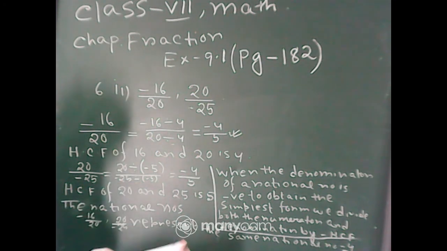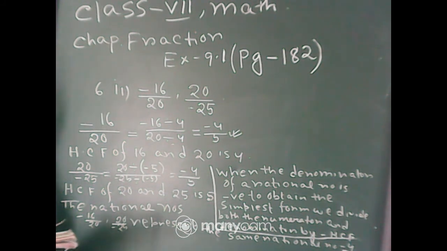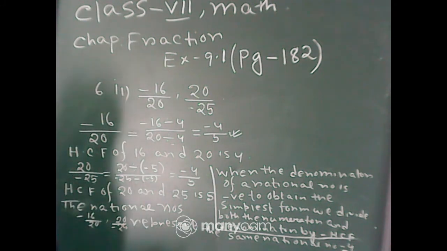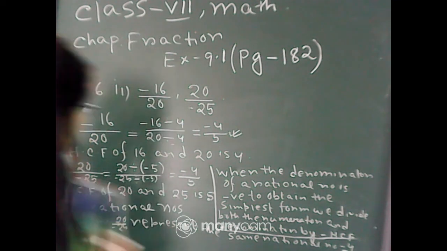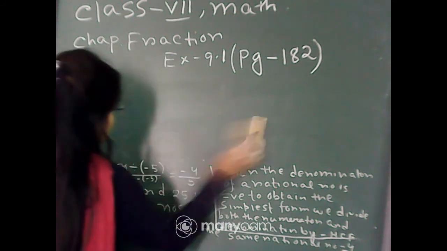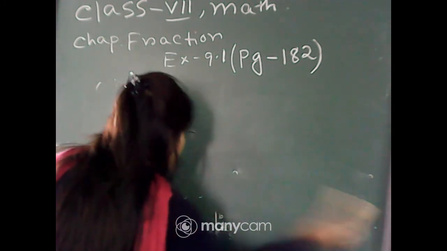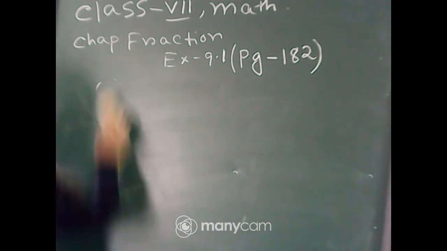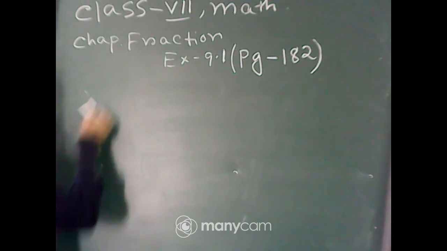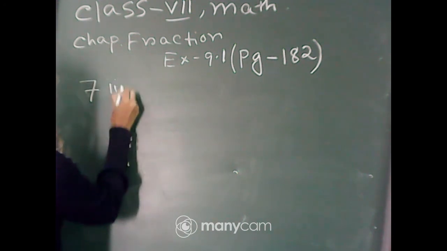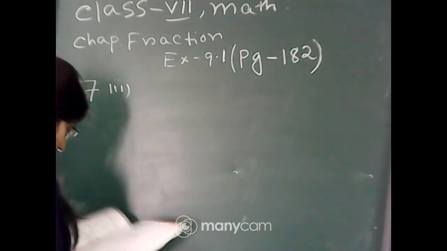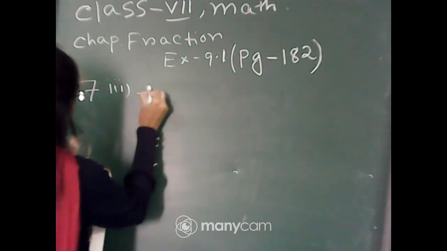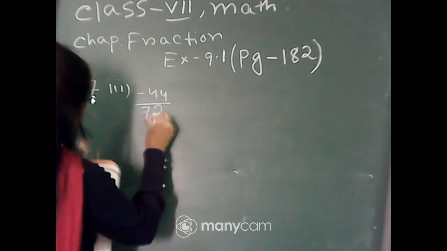Okay. Next, rewrite the following rational numbers in the simplest form. Question number 3 of 7. Here the given rational number is minus 44 divided by 72.